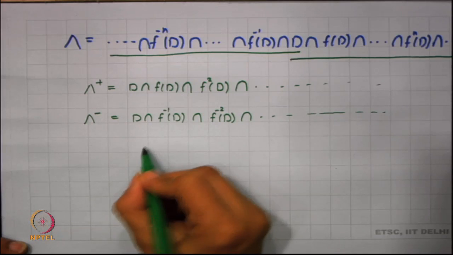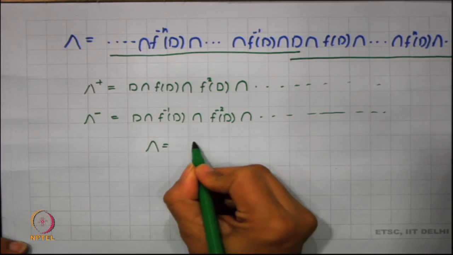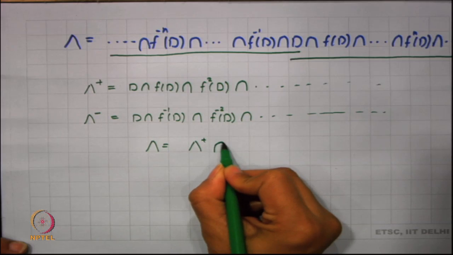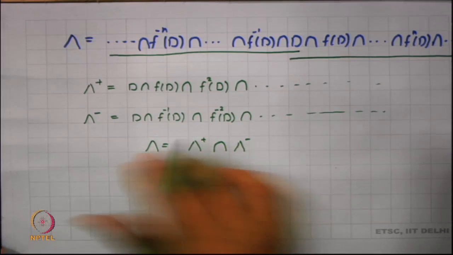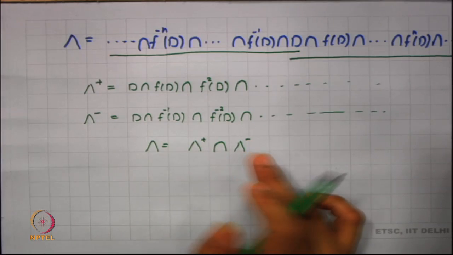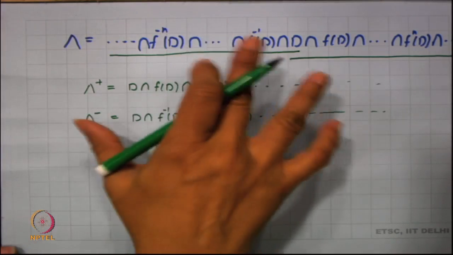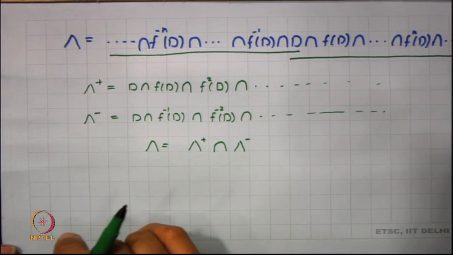And then Lambda is nothing but Lambda plus intersected with Lambda minus. We can think in this aspect, and it will be easier for us to make this kind of geometrical construction.